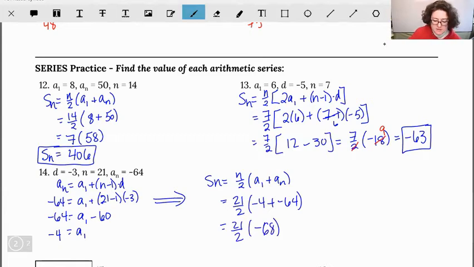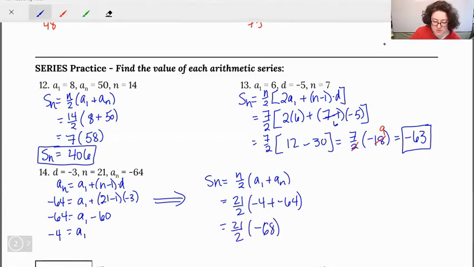Again, the 2 cancels out, which is nice for me, but you could always plug it in the calculator. So that's going to be a negative 34. And 21 times negative 34, which you're going to want to plug in anyways, most likely negative 714.